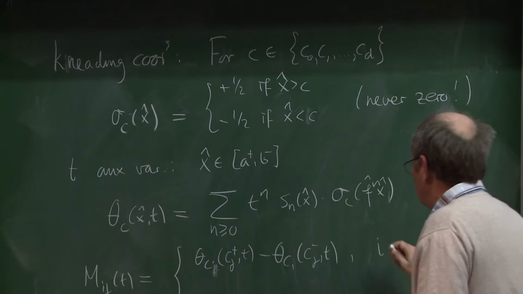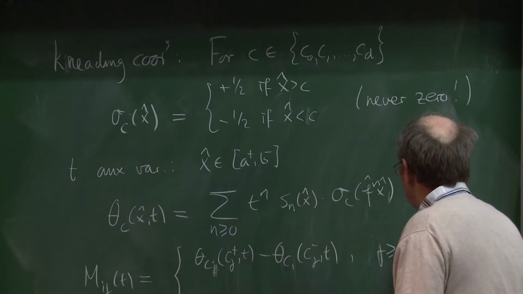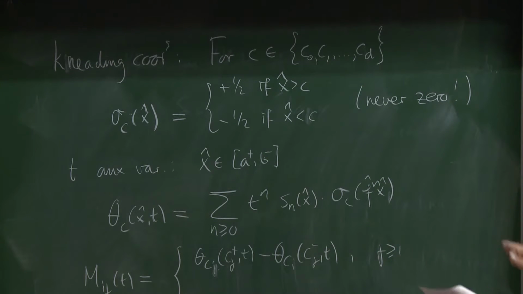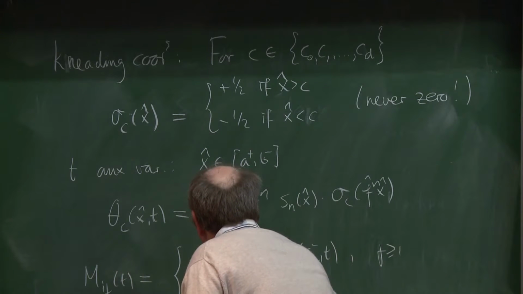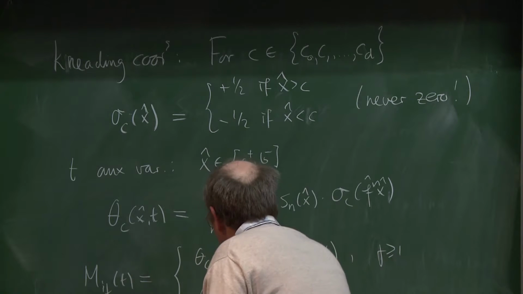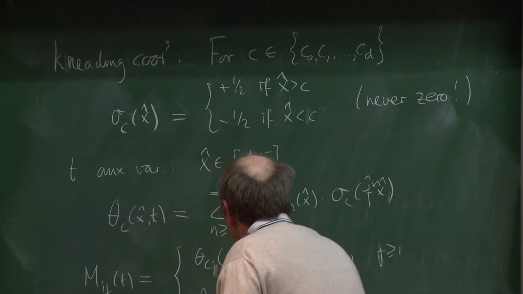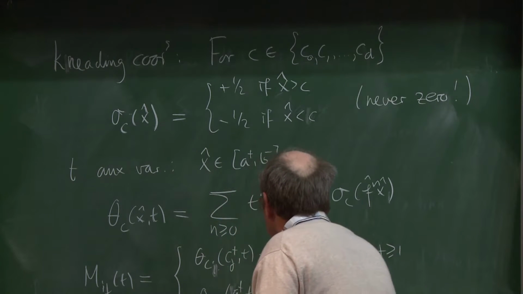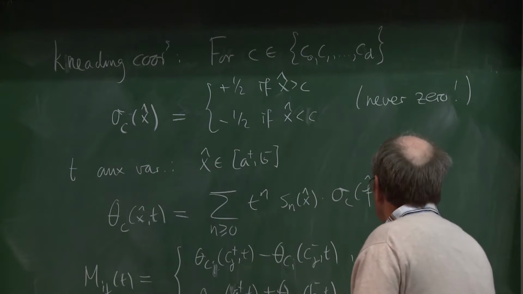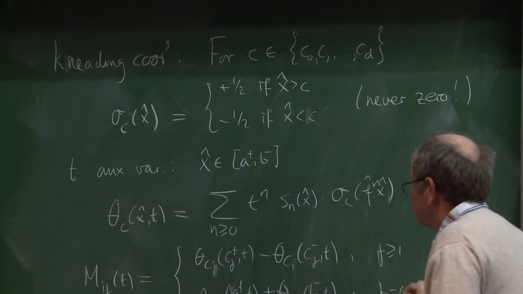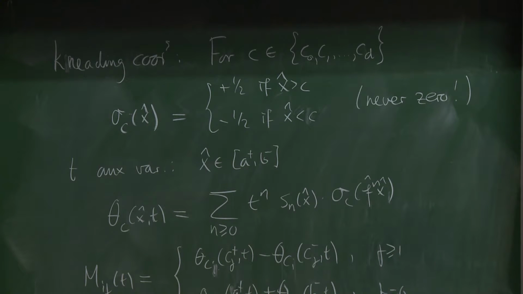Now we do that for j equal to 1. So for the internal critical points, I define this. And I define for Ci a plus t plus theta Ci b minus t for j equal to 0.